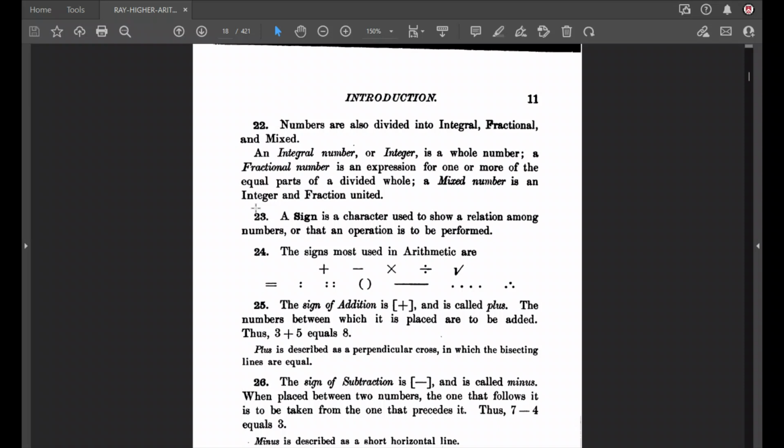If I have the number 3/4, that's a fractional number. And if I have the number 7 and 3/4, that's a mixed number. Whole number, fractional number, mixed number.